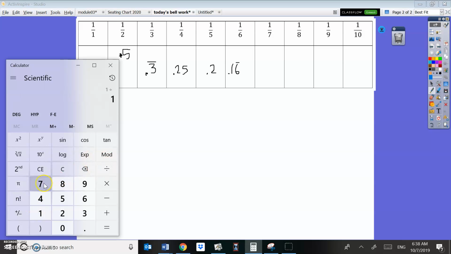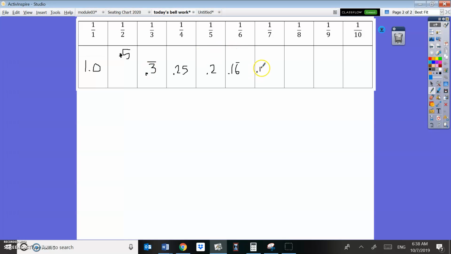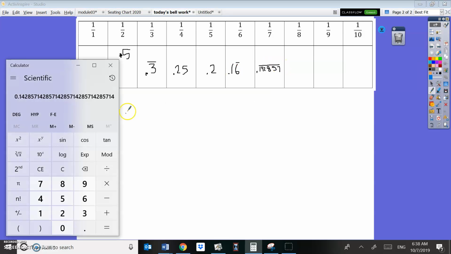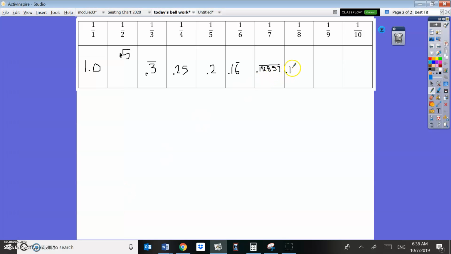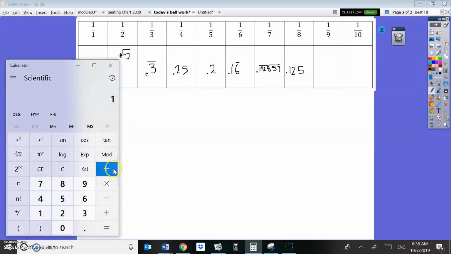1 divided by 7 is 0.142857 repeating. 1 divided by 8 equals 0.125. 1 divided by 9 equals 0.1 repeating.